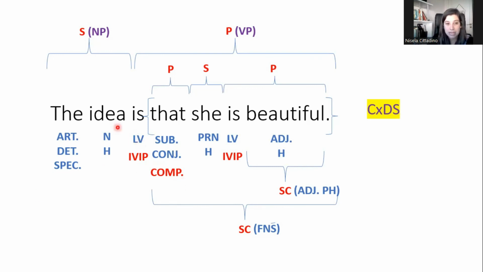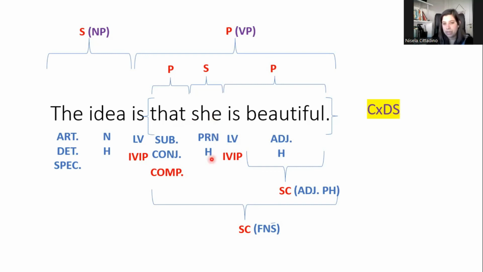Because it complements, it says the idea is that she is beautiful. Yes, it is what introduces the concept that completes the subject. So it is a complementizer, that is the function. The subordinated conjunction is the category and complementizer is the function of that, okay?